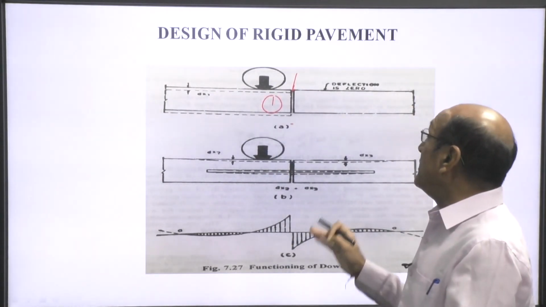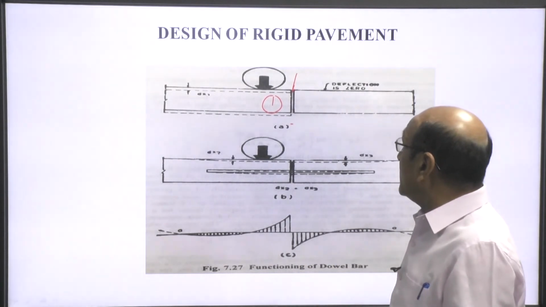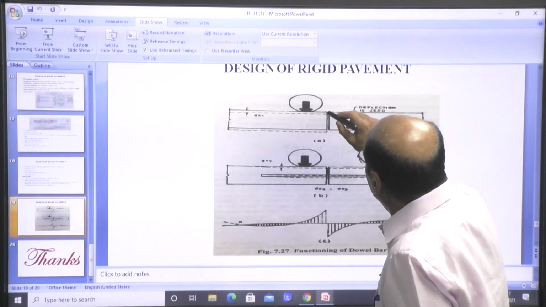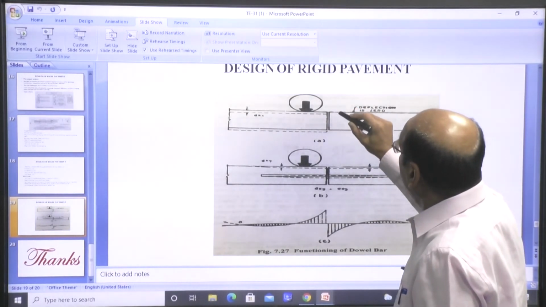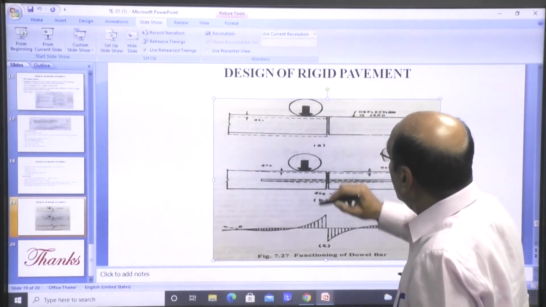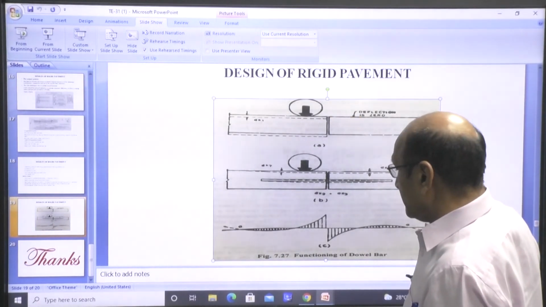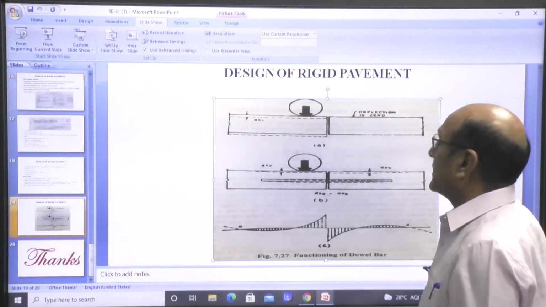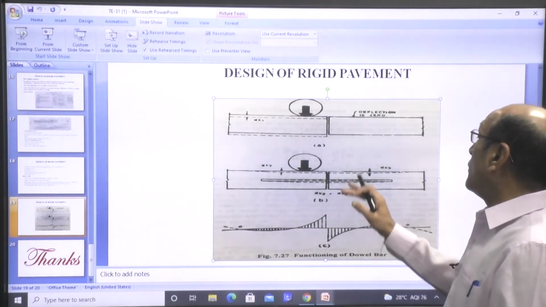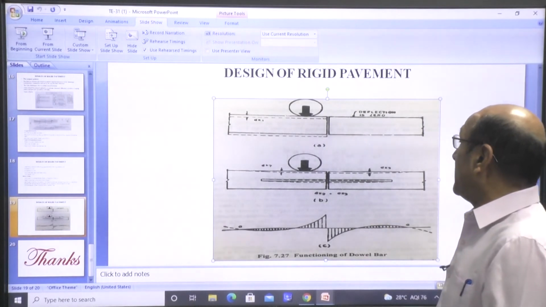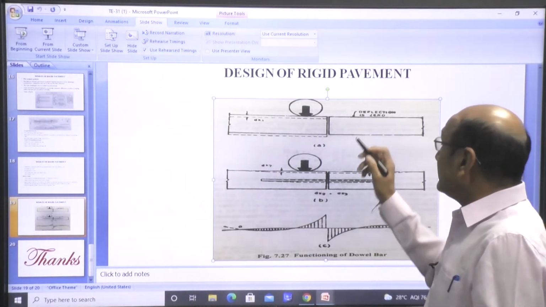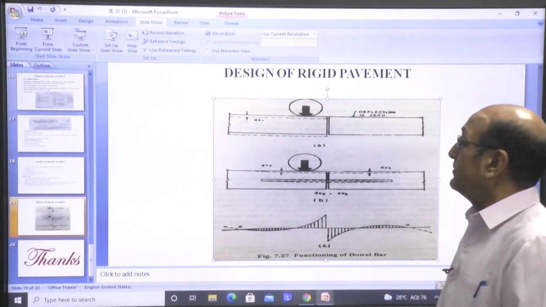When the stress becomes infinite, then some part of this portion will break, and as it transfers the load from this slab to this slab, the action of the second slab will be the same as the first slab.